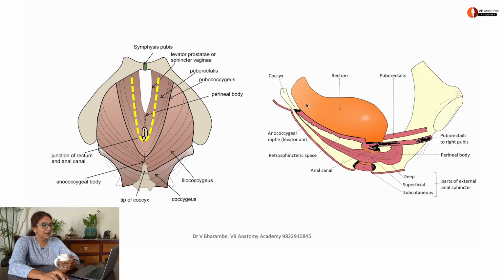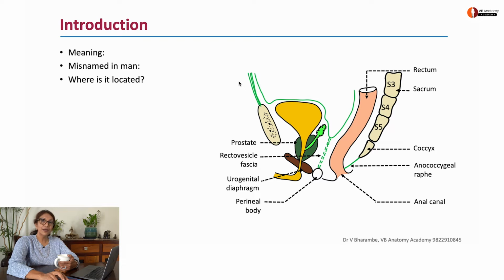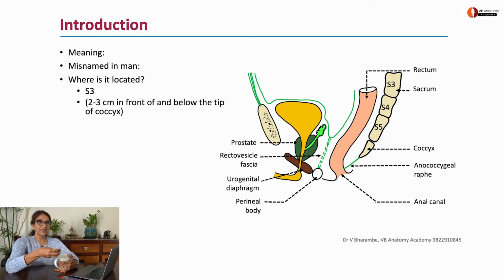Here's the rectum, moving forward happily till the sling of puborectalis pulls it forwards, and that's why your rectum has an S-shaped curve. Okay? Right. So let's continue to discuss this. The rectum is located at S3 and below, to a point which is about 2 to 3 centimeters below and in front of the coccyx. So that's the extent of your rectum.